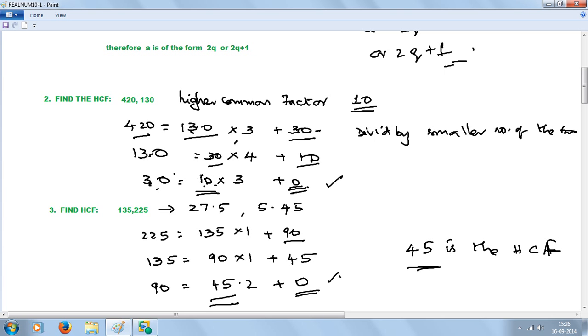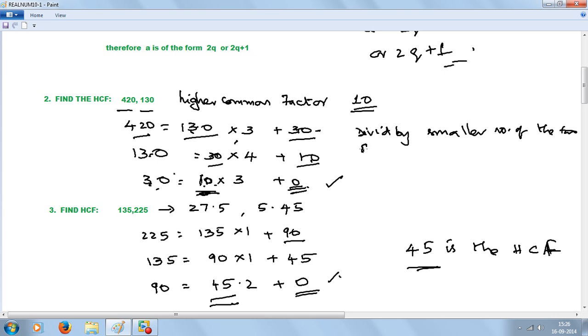Now 10 is the highest common factor between 420 and 130. Divide the bigger number by the smaller number first.